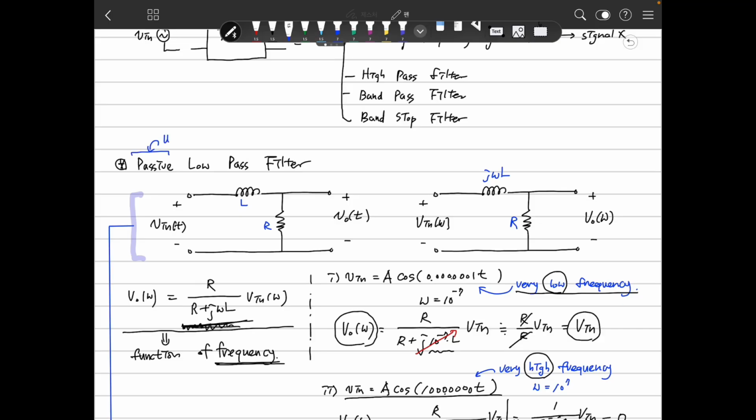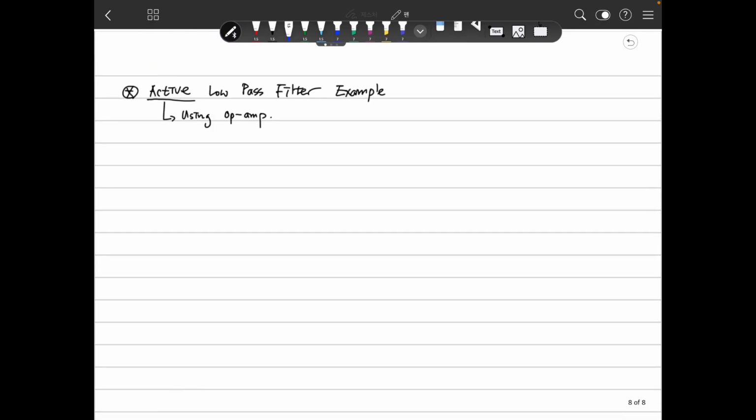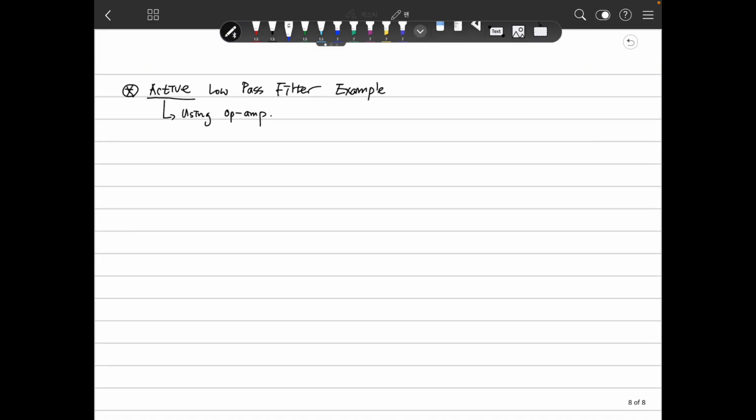Passive means using only passive elements, R and L and C and coupled inductors like that. But if we use the op amp, then we call this an active circuit.